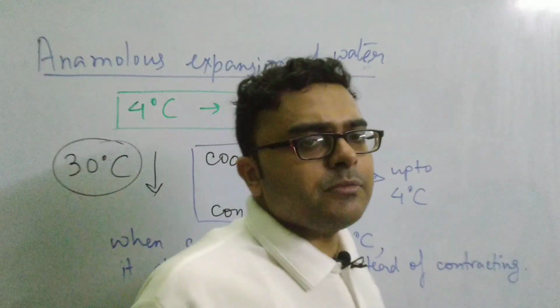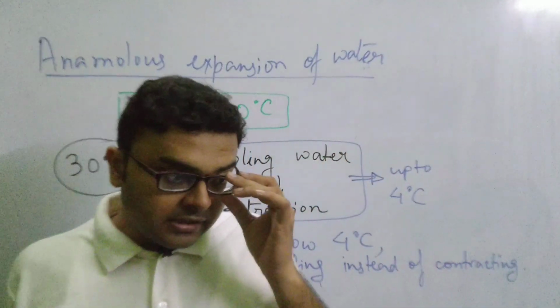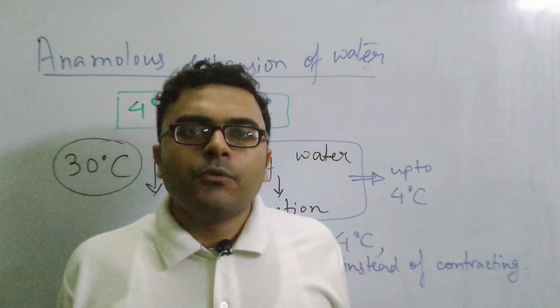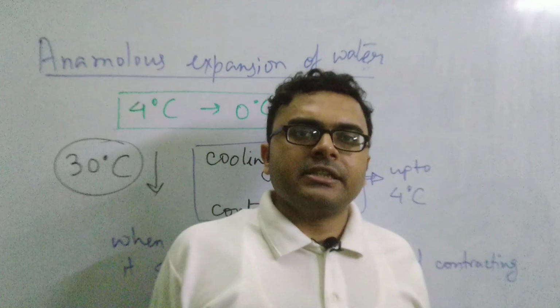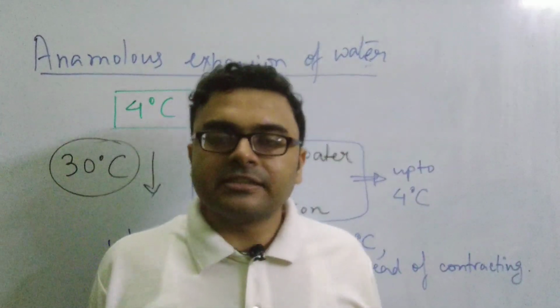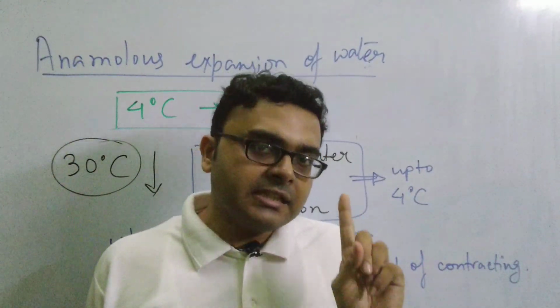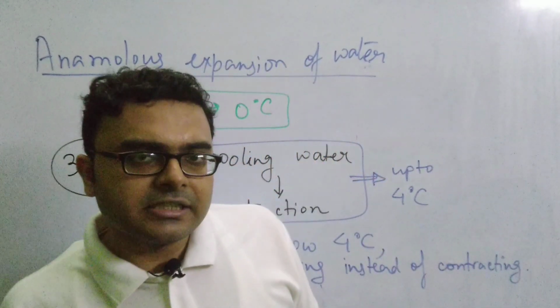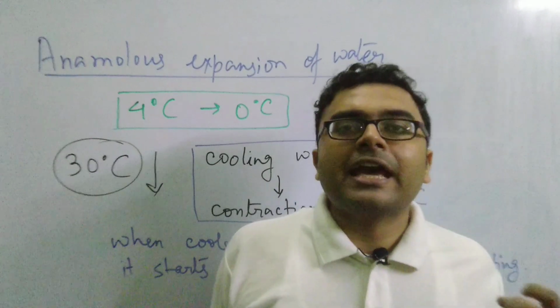So how can you define the anomalous expansion? We can say that when water is cooled from 4 degrees centigrade to 0 degrees centigrade, water expands instead of contracting, that is, its volume increases and does not decrease. This is anomalous expansion.